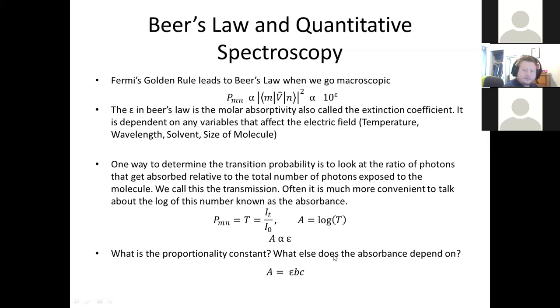At a given wavelength, temperature, and solvent that we're using, this is just a linear relationship between absorbance and concentration. And that's the key. We now have a linear relationship between the absorbance, how many of these photons get absorbed, and the concentration. So we can measure the absorbance and infer what the concentration of an unknown solution is.